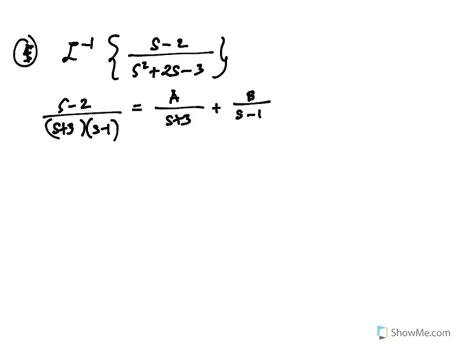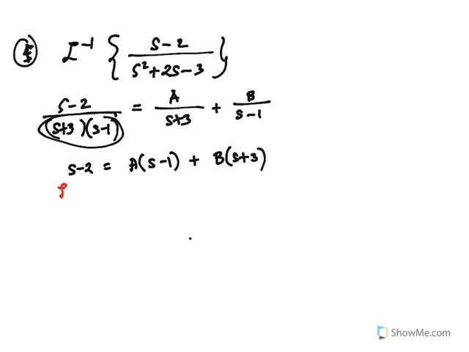So, solving for A and B, multiply both sides by this denominator, you will have s minus 2 is equal to A times s minus 1 plus B times s plus 3. Now, the easiest approach to solving for A and B is by substitution. Okay? We let s be equal to 1.